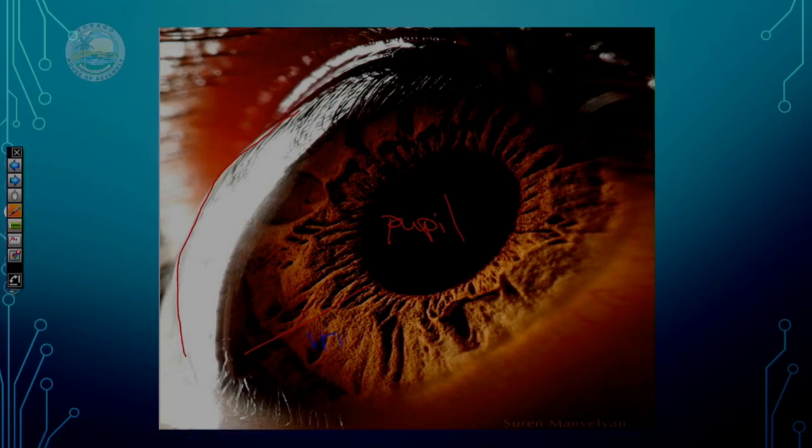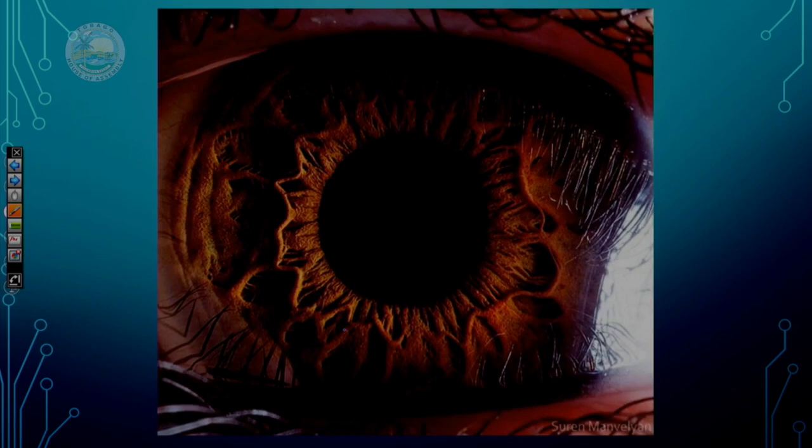So here is the iris, and you can see those muscles that the iris is made up of. So you can see the radial muscles, and you can just almost make out the circular and the radial muscles in the image here. So I needed to look at this picture and look closely at what happens to her pupils when light is shone into it.